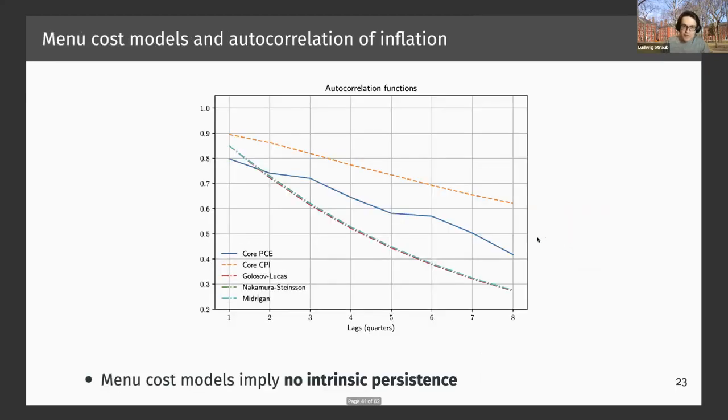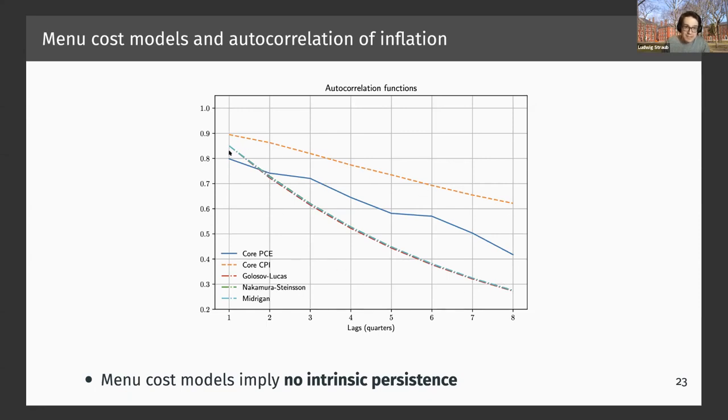Okay, and if we do that, this is what we find. The two inflation autocorrelations are still there, orange and blue, and then the three menu cost models are these dashed and dot-dashed lines. And what you see is that basically all these three lines are on top of each other, and none of them generate enough persistence for inflation in the data.